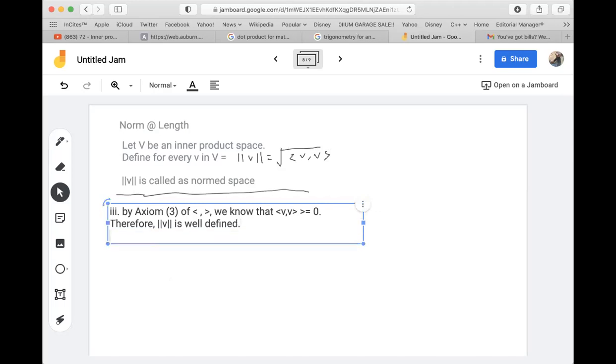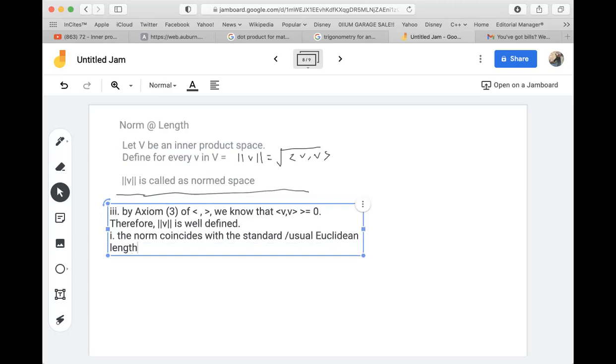Okay, the second one. This next remark does not relate to the axioms, but we can say that the norm actually coincides with the standard or usual Euclidean length in R^2 or R^3.